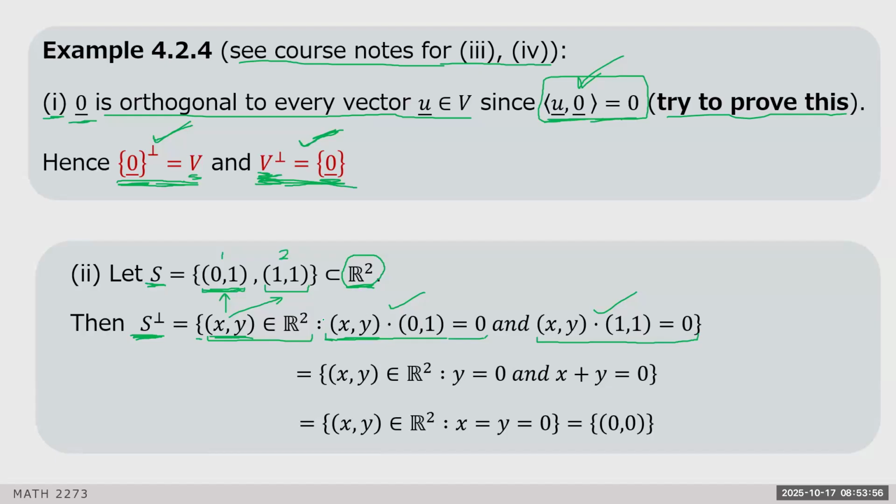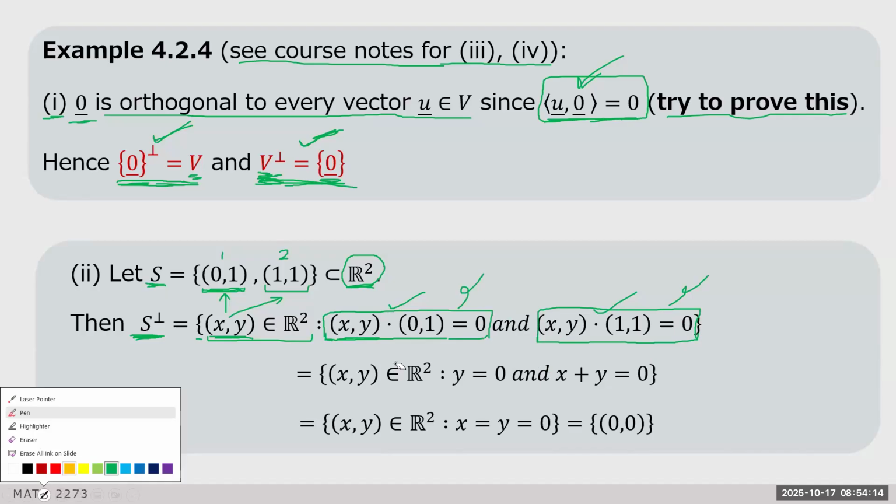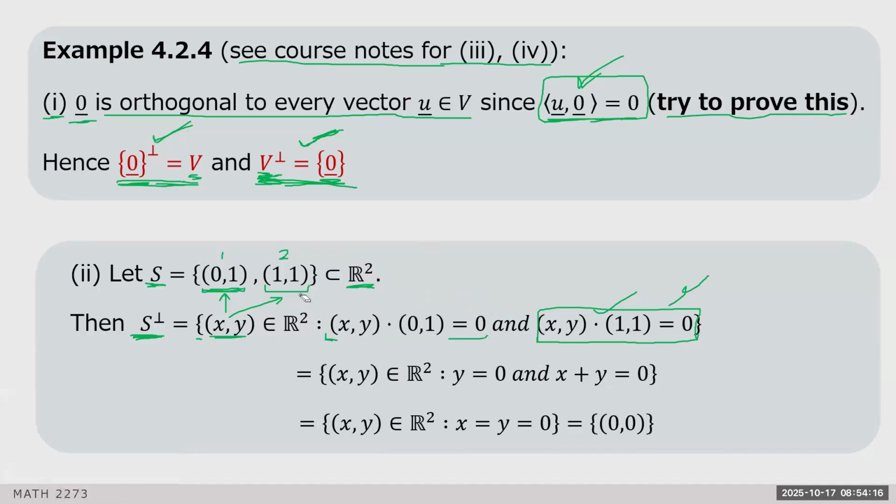So the first constraint forms one equation, the second constraint forms a second equation, and of course you need to solve both equations simultaneously. Let me get rid of some of these things. That first constraint, if we write it out, we know how to work with the dot product between two vectors.